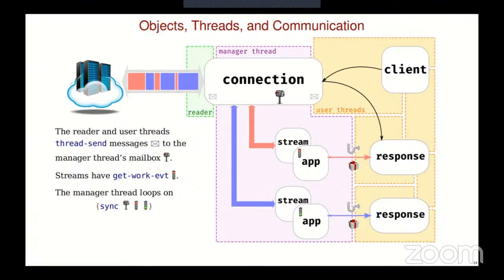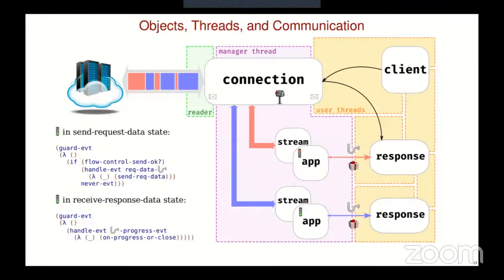I'll give you an example in a second. And then the manager thread simply loops on syncing these different event sources, right? Did I get something in the mail? Is a stream ready to do work? No, okay. And so what does a work event look like?